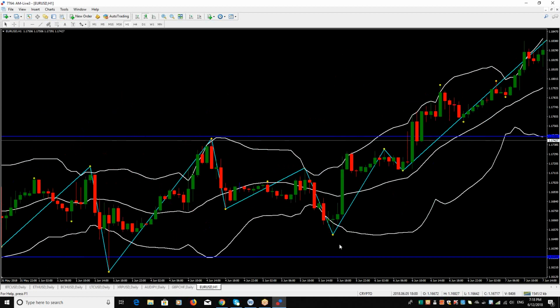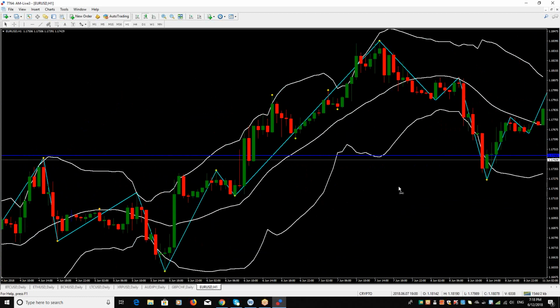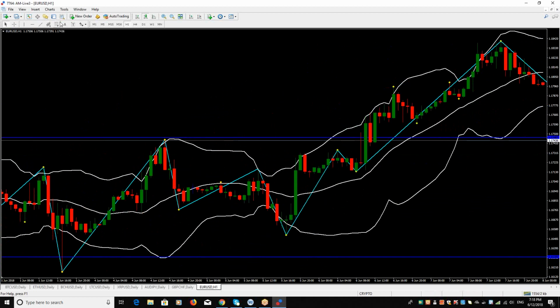If the market moves down to this zone with the right candle signal, then we're looking to buy. But for me personally, I'd rather have the moving average on it, because that seems a little bit easier to understand.